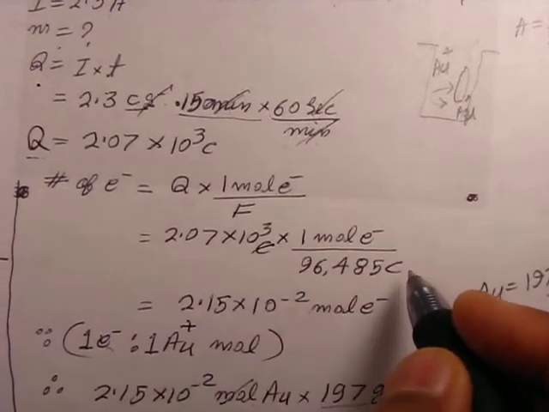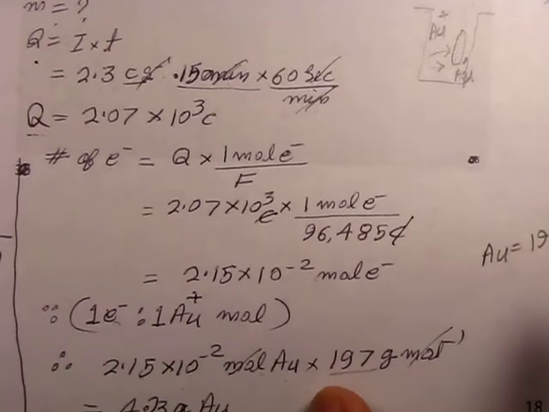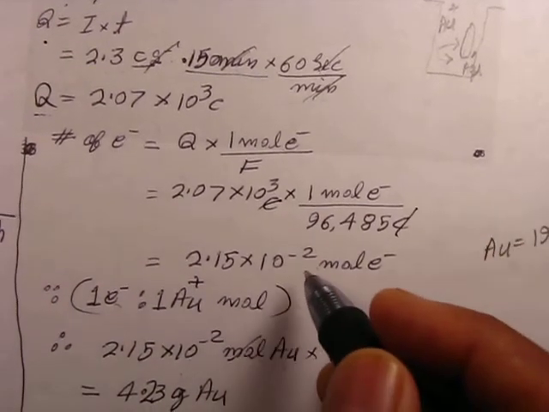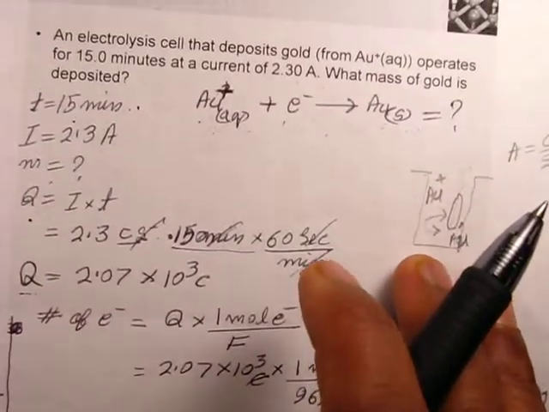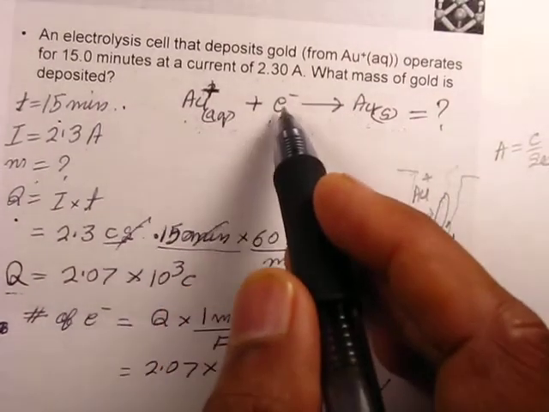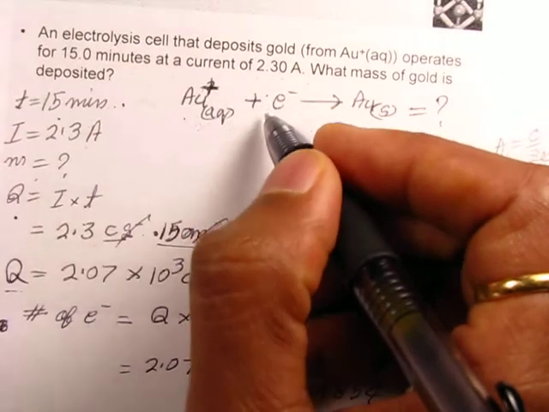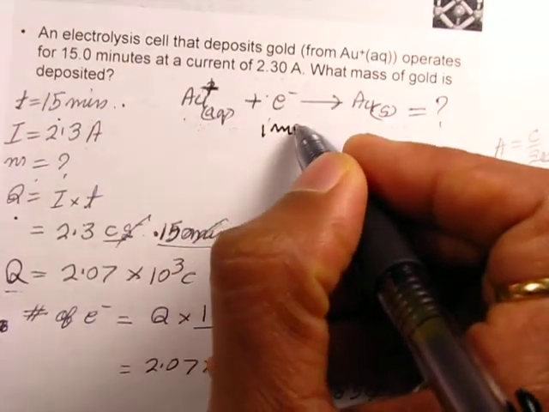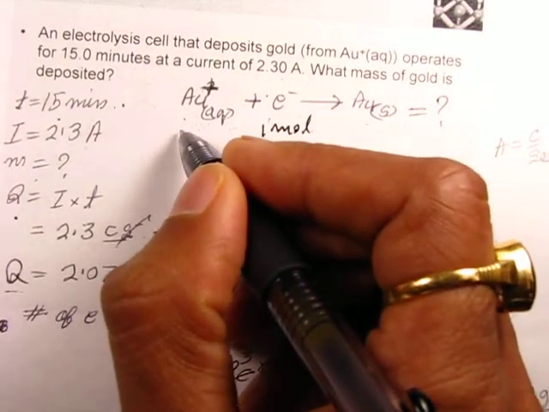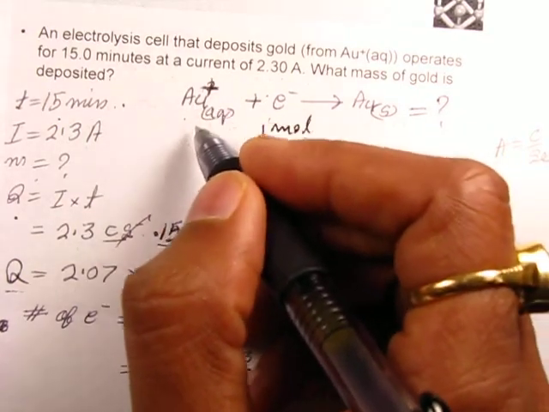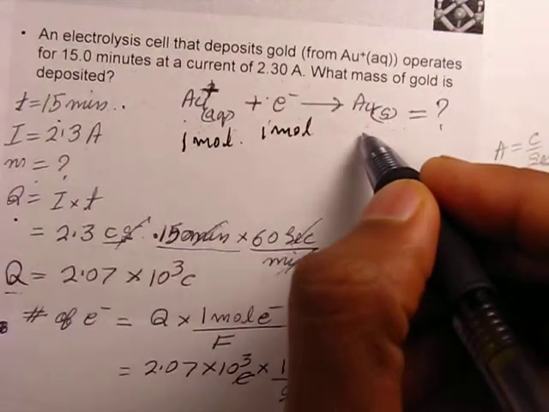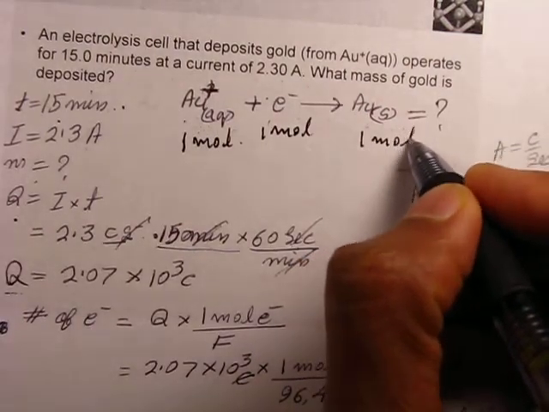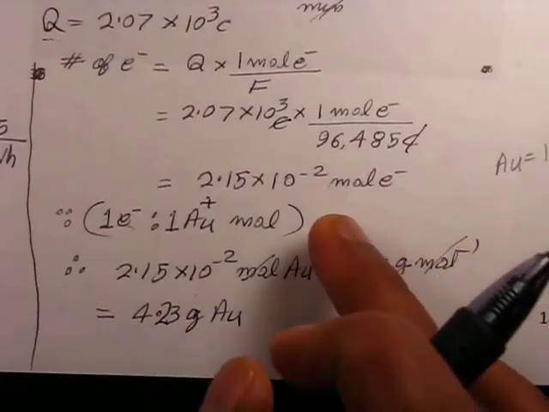The coulomb cancels out, and we find 2.15 times 10 to the power minus 2 mole of electrons. Then based on the stoichiometry, 1 mole of electrons is required to reduce 1 mole of gold ion into 1 mole of solid gold, so the ratio is 1 to 1.